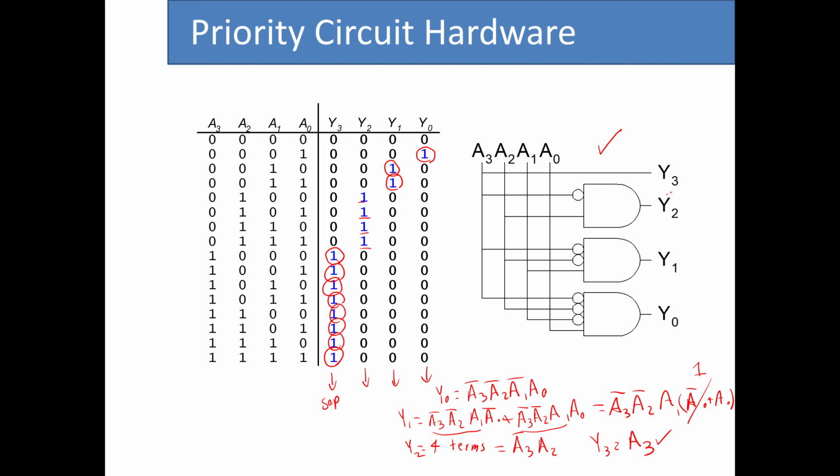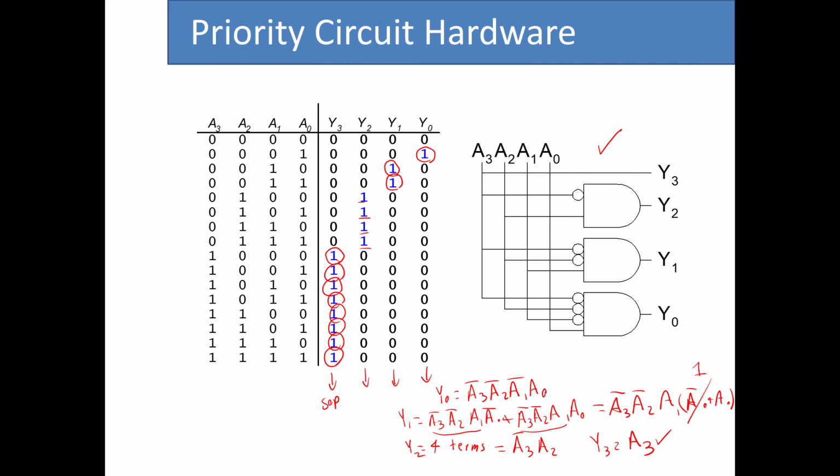So that means that whenever A3 was 1, Y3 would be 1, right? Y2 is only 1 when A3 is 0. If A3 is 1, Y3 is 1. But for Y2, when A3 is 0 and A2 is 1, then you have this term. And so on and so forth, right? So this is how we do the implementation.